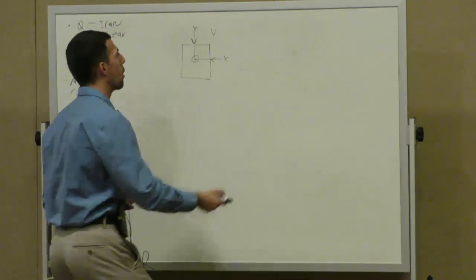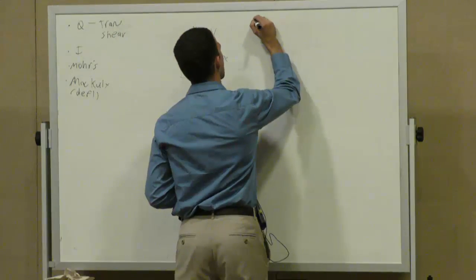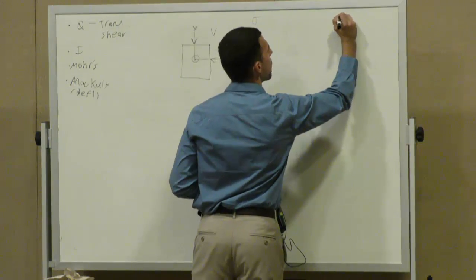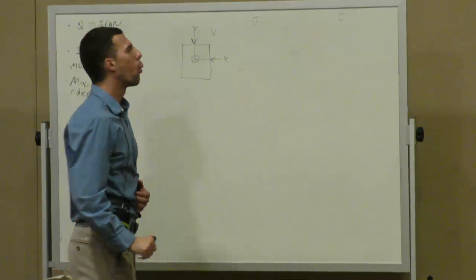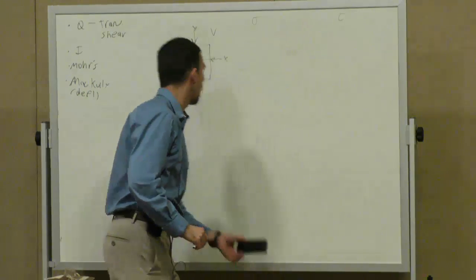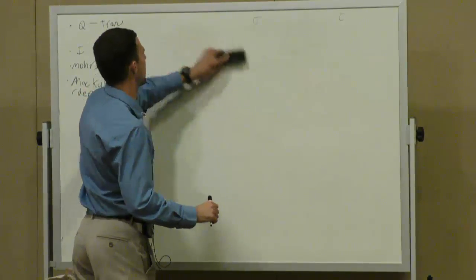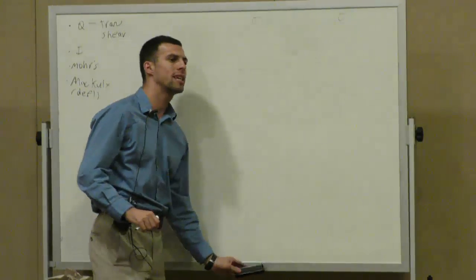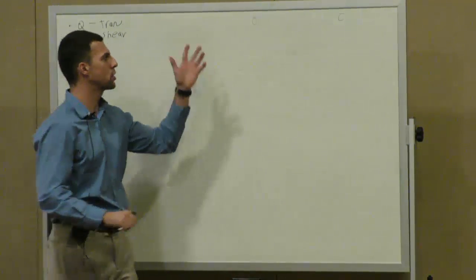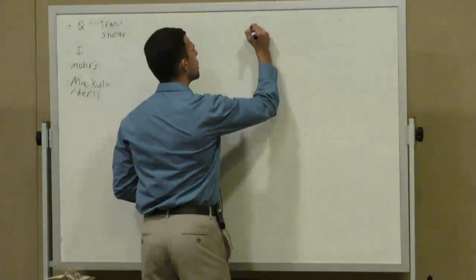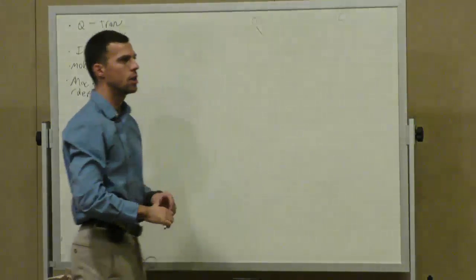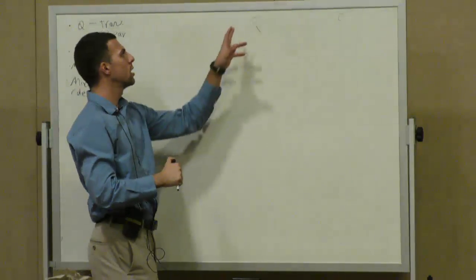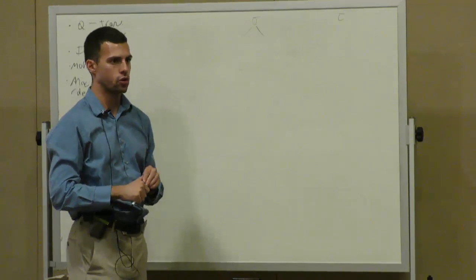Sigma and tau. So we're going to approach this from a tree diagram perspective. The next thing is we have to determine which load conditions cause which type of stress.